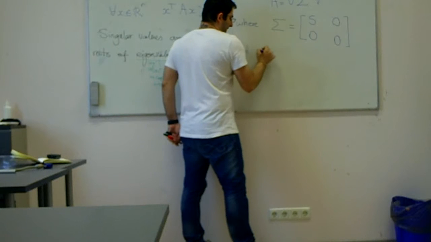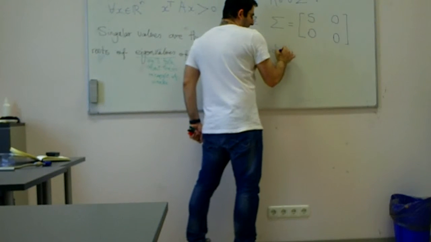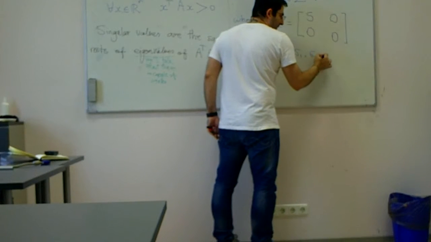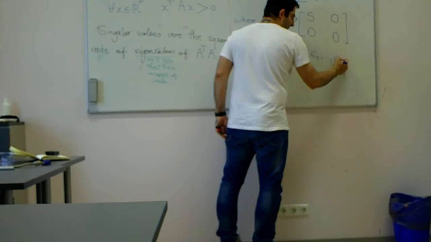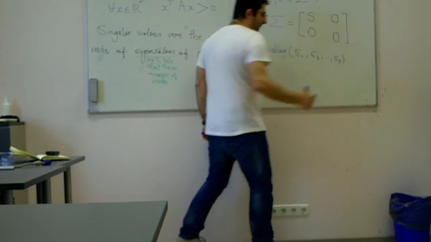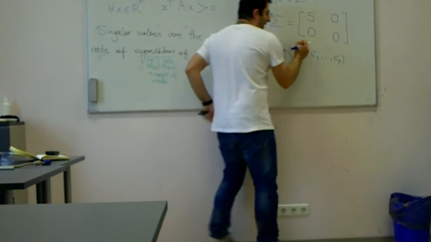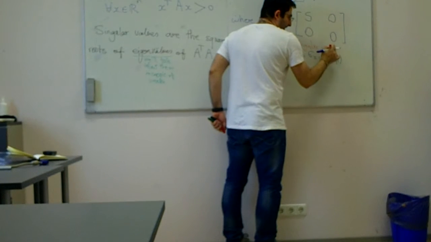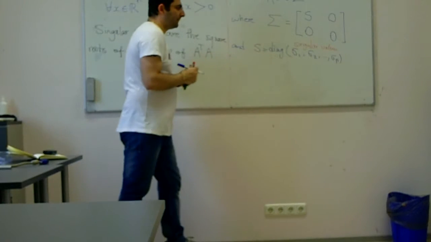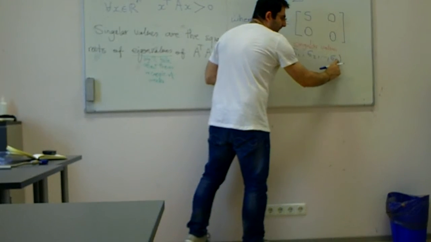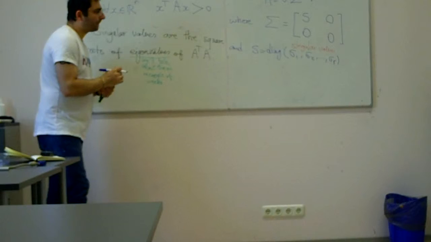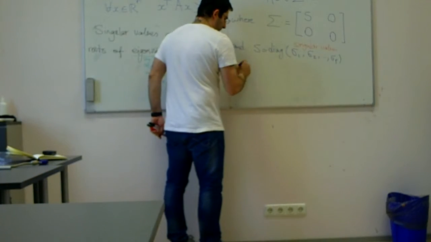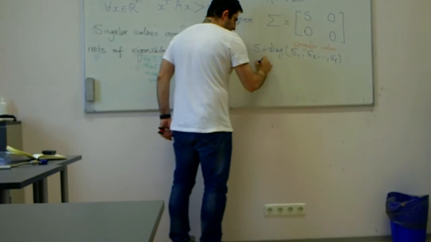And S is a diagonal matrix whose diagonal values are sigmas, and the sigmas we mean are singular values. What is the index here? R. So S belongs to R^(r×r).